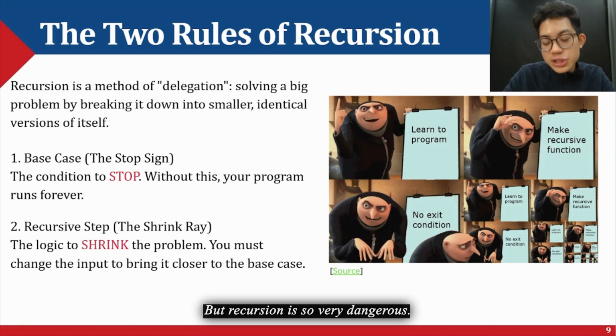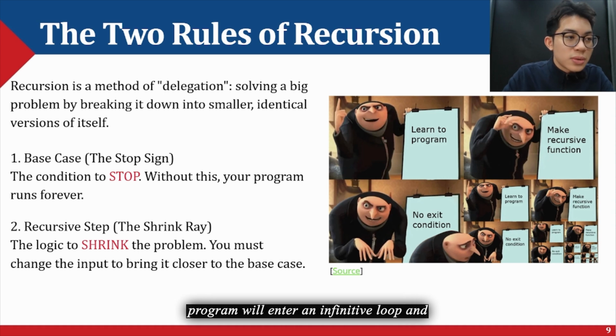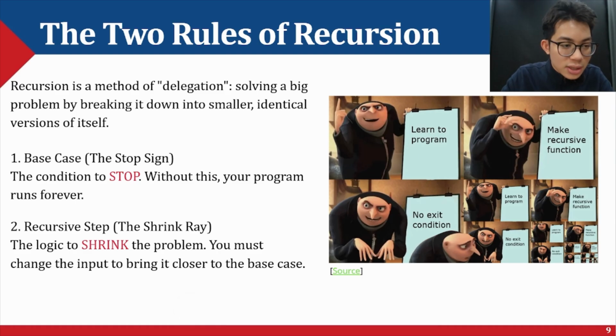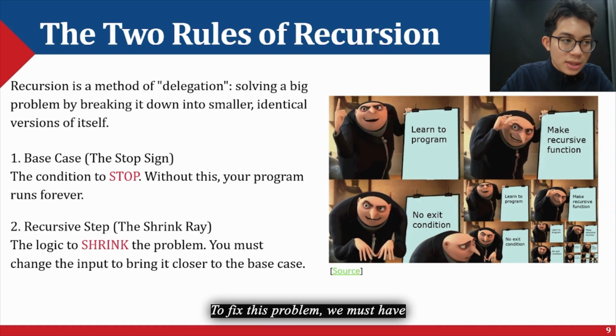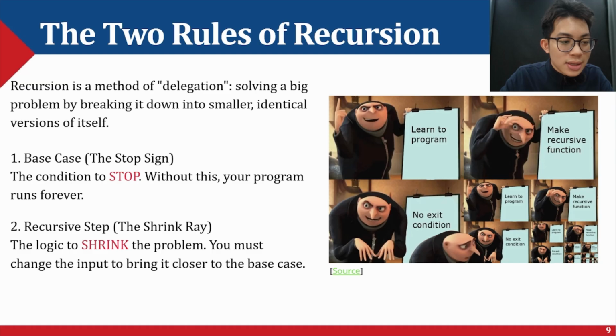But recursion can be very dangerous. If you don't design it carefully, your program will enter an infinite loop and your computer will crash. To fix this problem, we must have exactly two things in our code. The first one is the base case. This is the stop sign.